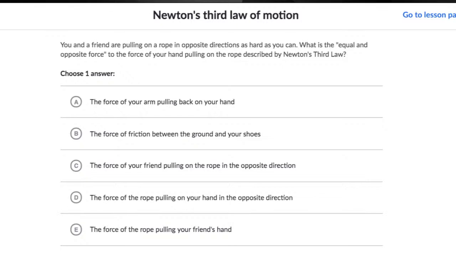So now you and your friend are pulling on a rope in opposite direction as hard as you can. What is the equal and opposite force to the force of your hand pulling the rope? Take anyone. Your hand will pull the rope like this.